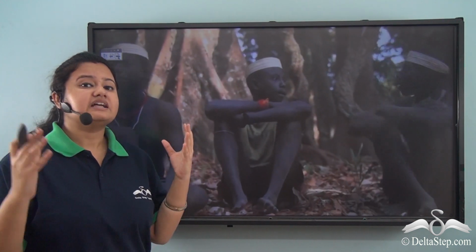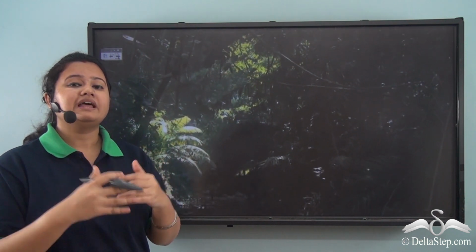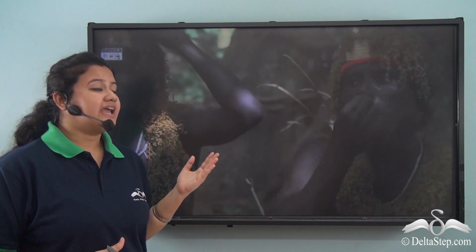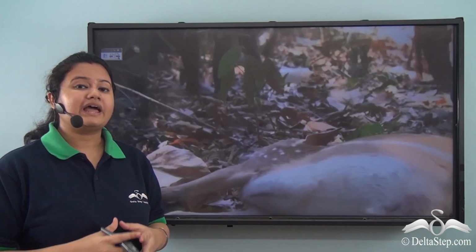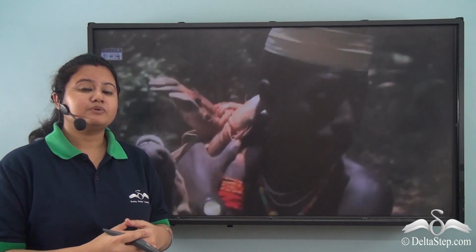Now, within this dark dense forest, aboriginal or tribal people live. These tribal people dwell in the interiors of the forest for centuries. They mostly live in isolation from the modern world and lead a nomadic lifestyle. So now let us explore the habitat of these tribal people.